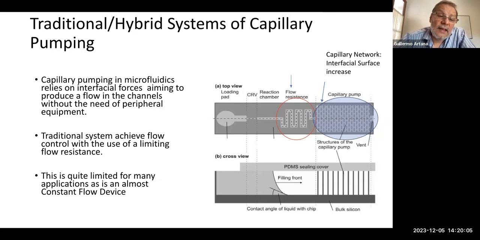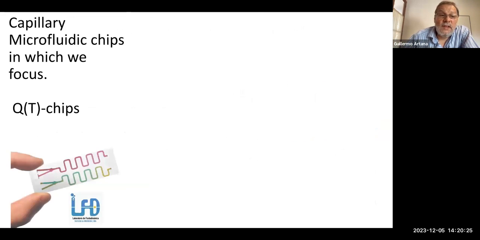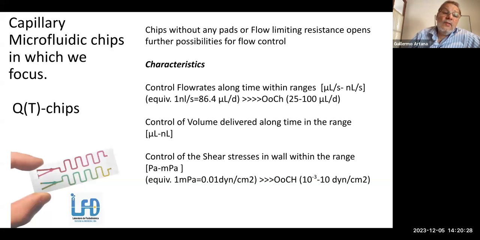But there may be some interest, or larger possibilities, if you can pass to another system in which you can have a larger control of the flow and of the amount of liquid delivered over time. So the systems that we propose, or are interested in, are systems in which you can have a large control of the flow rate or of the volume over time.